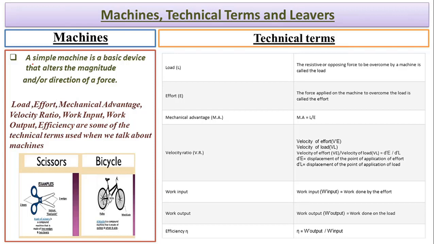A simple machine is a device that alters the magnitude or direction of the force applied. And the various terms related to a simple machine are load, effort, mechanical advantage, velocity ratio, work input, work output, and efficiency. So let's understand what these are.